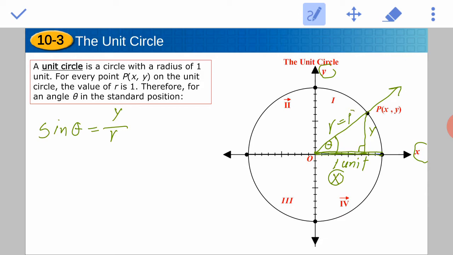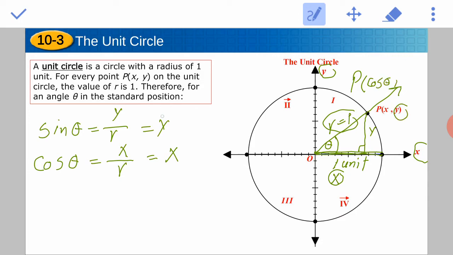But because our radius is equal to 1, y over 1 simplifies to y. Same with the cosine function: cosine theta is equal to the adjacent x over r. Because our r is 1 unit, it's going to be x. So the amazing thing is that any point on the terminal side of any angle on the unit circle can be expressed, instead of x, as cosine theta, and the y coordinate y can be expressed as sine theta.